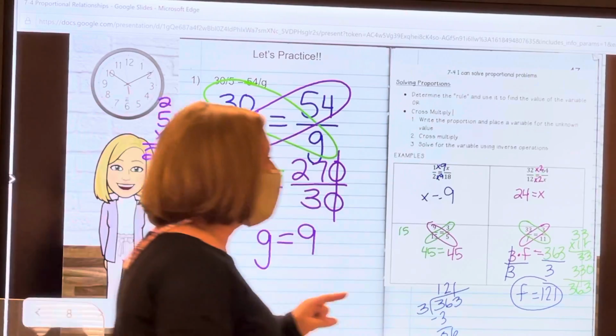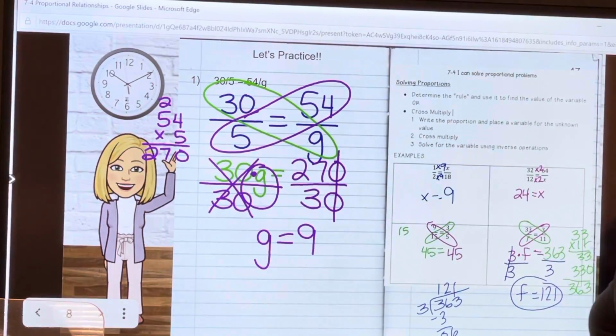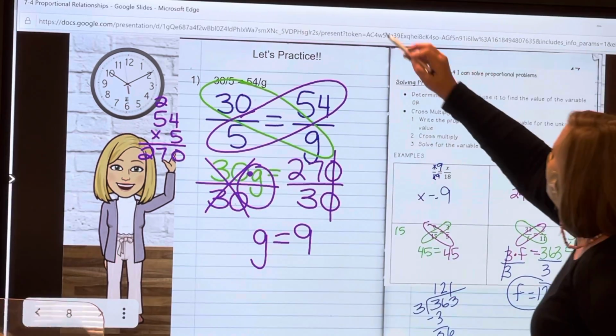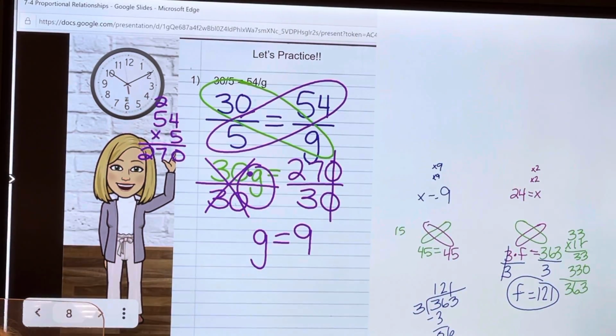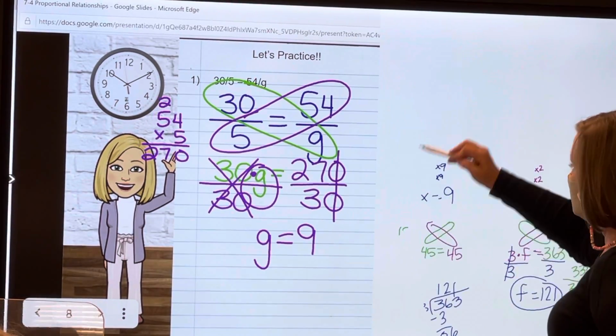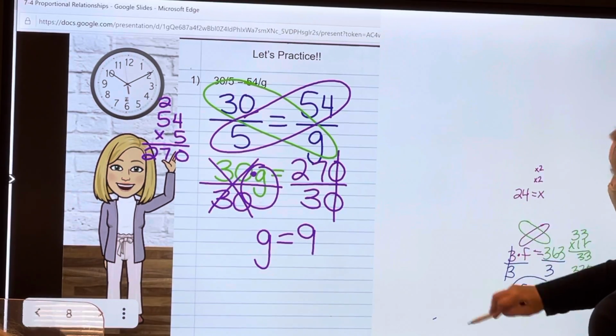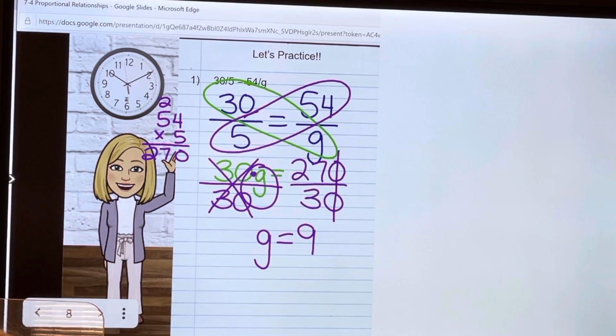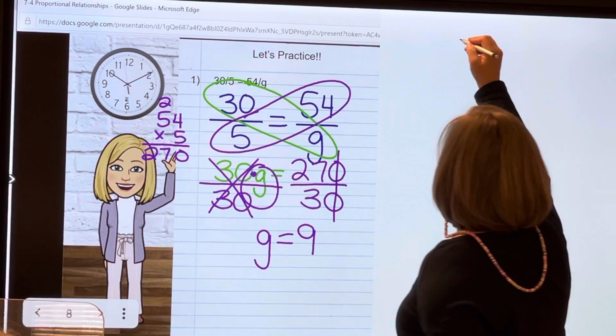Does anyone know of another way that I could do that? The rule. So let's try that. I'm gonna cover up this side over here because I still want to leave that over there. And I think if I write at the bottom, it's gonna be very difficult to see. So I'm gonna use this space over here.